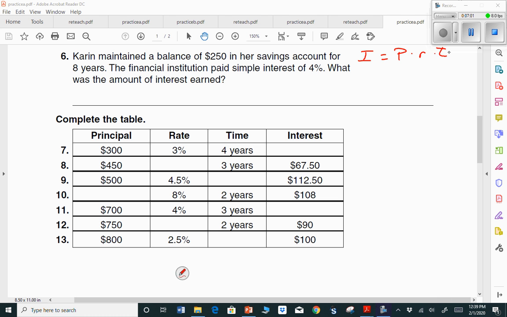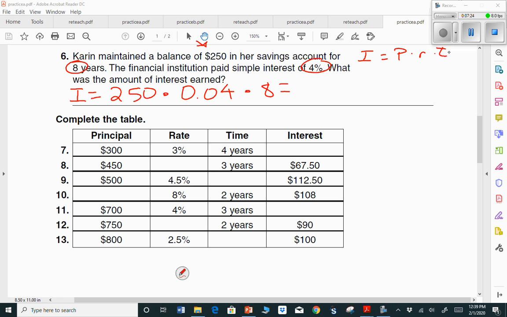And again, it says what was the amount of interest, so that's the unknown. I equals principal, it's the amount deposited, 250, rate, 4% as a decimal, and time in terms of years, 8 years.